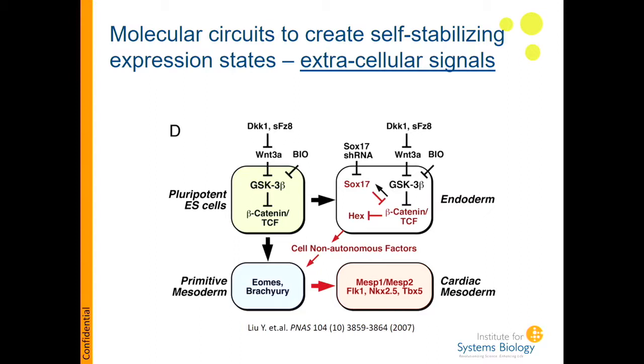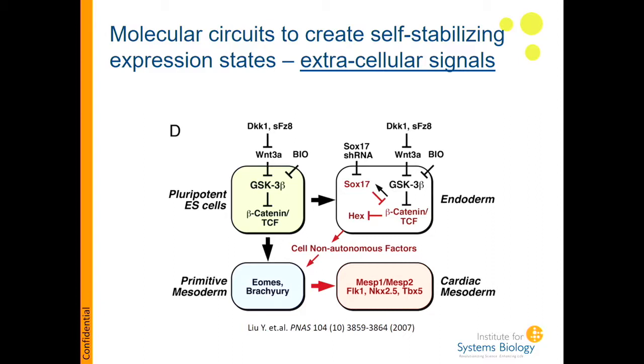So here's another decent application of such a system. As I said, SOX17 is involved in endodermal differentiation. So one can come up with a hypothesis where I inhibit SOX17, so all I should get in my dish is cardiac mesodermal cells. Fortunately for us, somebody in 2007 did this experiment where they inhibited expression of SOX17 by using short hairpin RNAs.